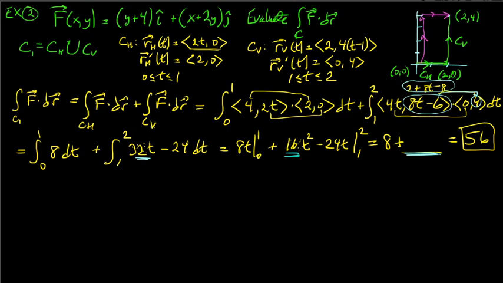We plug in 2 for t, so 16 times 2 squared is 64, and then 24 times 2 is 48. So 64 minus 48 is 16. And then when you plug in 1, you just get 16 minus 24. So that's minus negative 8, right? So it's actually plus 8.